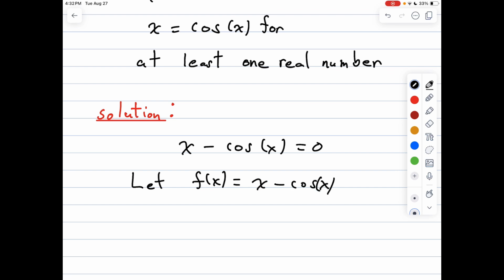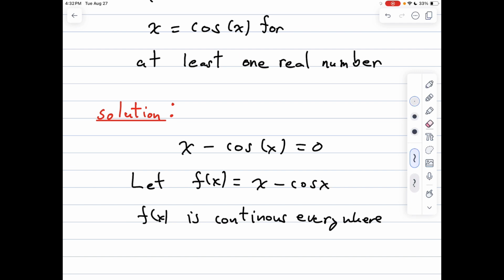And please note that this function is continuous everywhere. And why is that? Because x is continuous and cosine of x is continuous as well. And let me just rewrite this as cosine of x. Okay, so in other words, instead of saying x equals cosine x, this question comes down to saying, well, where's f of x equal to 0?